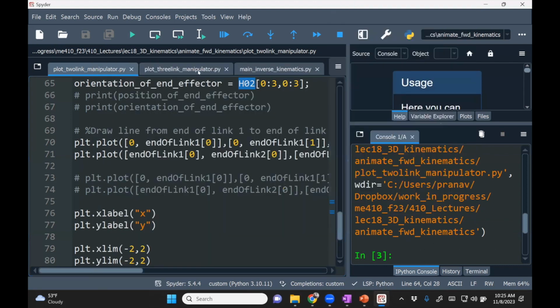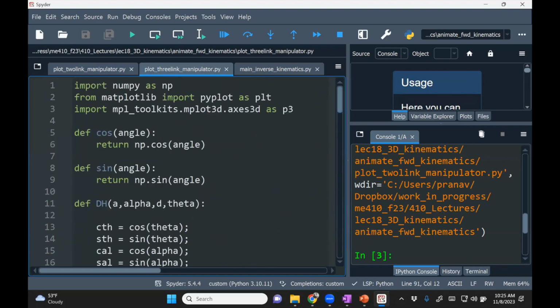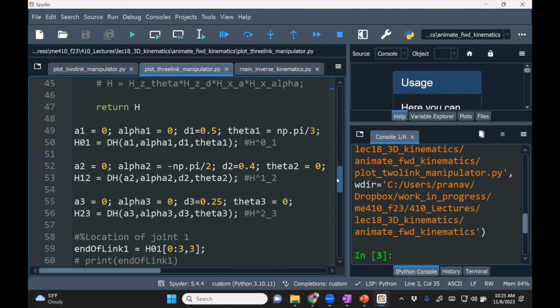Now I also did the 3-link example. I coded it up. This one uses a different toolbox, which you might have to install. Or maybe it's installed. I don't think I did anything special to install it. It's the MPL toolkits. It enables you to plot in 3 dimensions. This is the 3R manipulator, I think. Let's see, which manipulator is this?